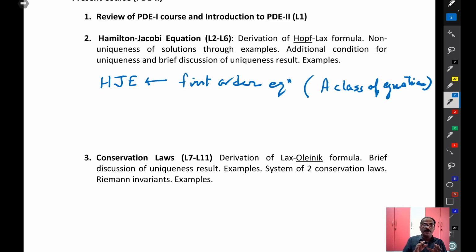So we are not going to do the general Hamilton-Jacobi equation. More generally, there are other generalizations like the Hamilton-Jacobi-Bellman equation and the Hamilton-Jacobi-Isaacs equation. We will not be discussing them. The Hamilton-Jacobi equation is more of a classical equation coming from calculus of variations.